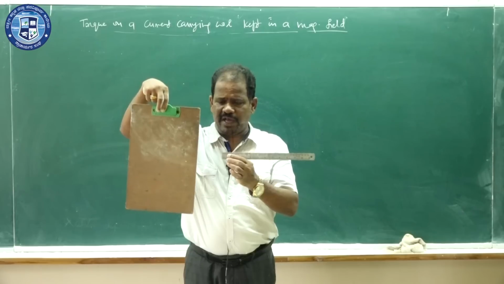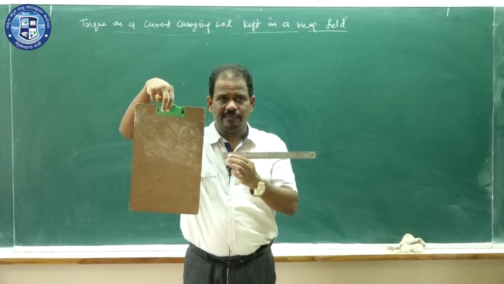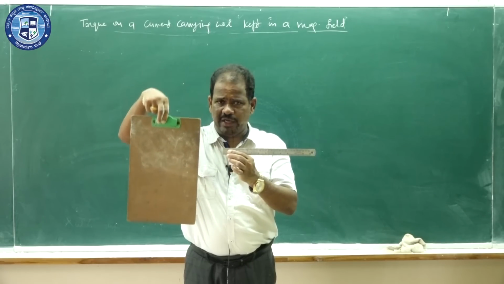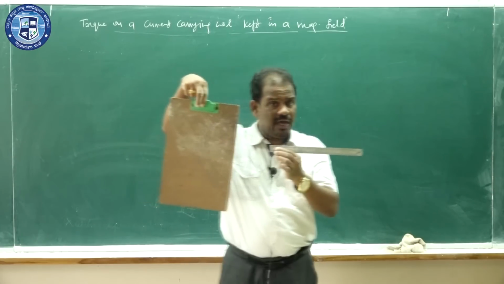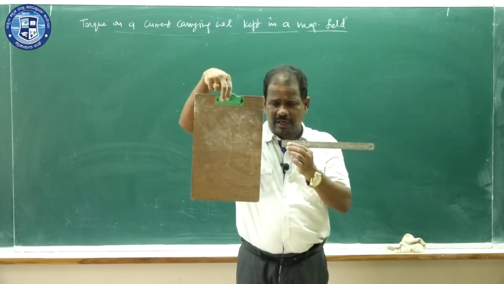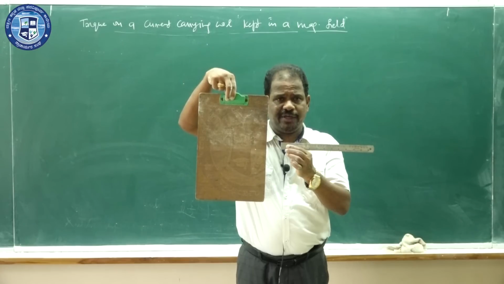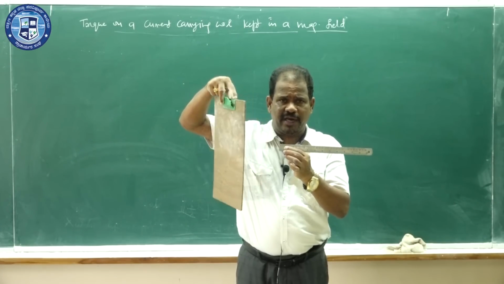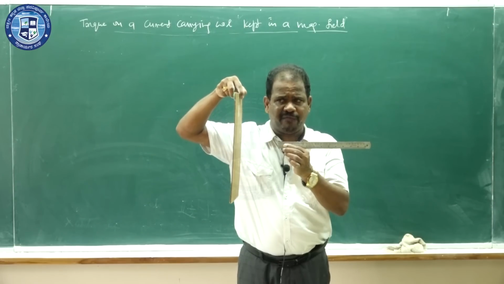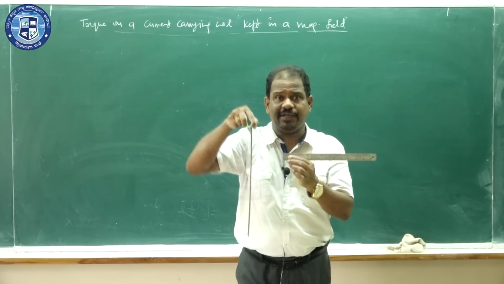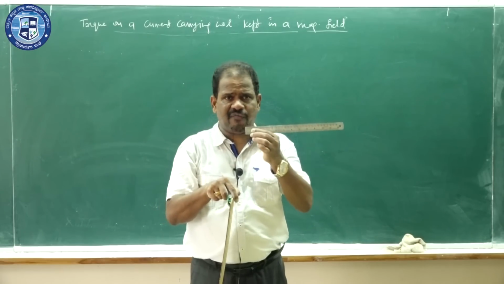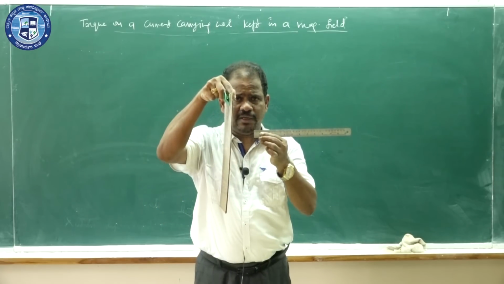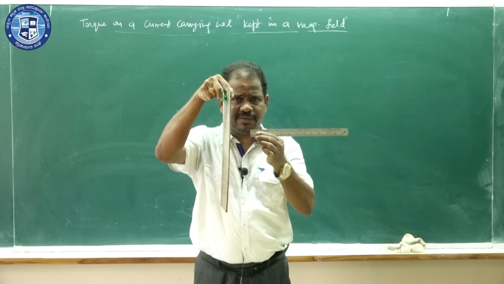If the coil is placed like this, listen carefully, the angle between the coil and the magnetic field is 0 degree. When I turn it 1 degree, 2 degree, 3 degree, 4 degree, and if you keep it like this, what is the angle between the magnetic field and the coil? It is 90 degree. This is the magnetic field, this is the coil, kept exactly at 90 degree.